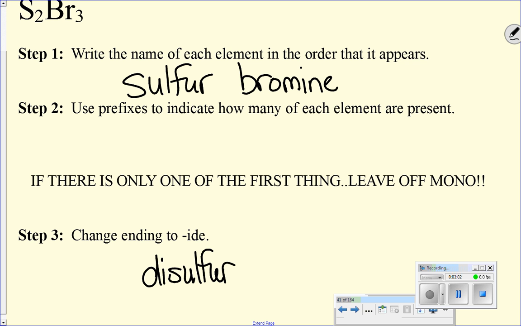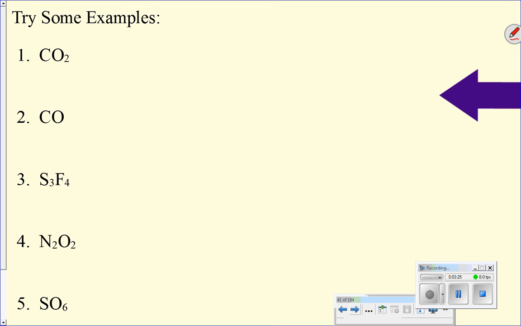And then the second part is bromine. There are three of those. The prefix for that is tri. Tribromide. We're still changing that ending to ide. Notice this stayed sulfur. It's not disulfide tribromide. Only the very ending gets changed to ide. So it's disulfur tribromide.